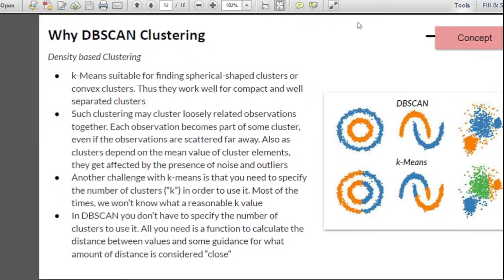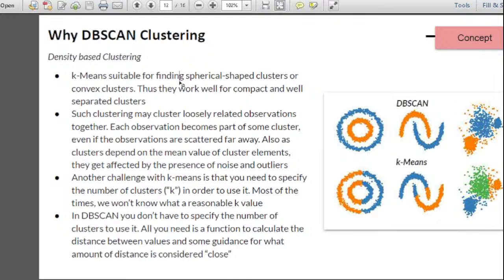It puts all the data points in a cluster based on distance. It calculates the average of those distances and the centroid, and then data points that are near are clubbed under one cluster, right?